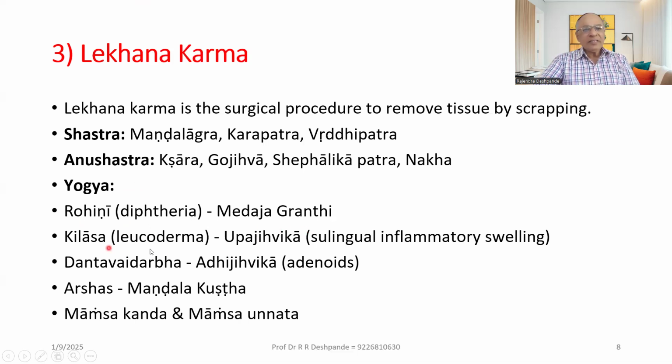Then Kilas, that is leukoderma. Upajivika, that is sublingual inflammatory swellings. Dant Vaidarbha, Adhijivika, that is adenoids, Arsha, and Mandala Kushta, then Mamsakanda and Mamsa Unnata. See, in all these conditions, we have to do the right Lekhana Karma.